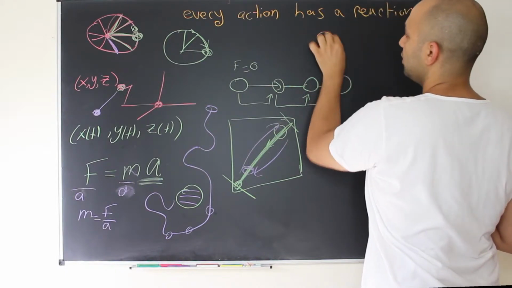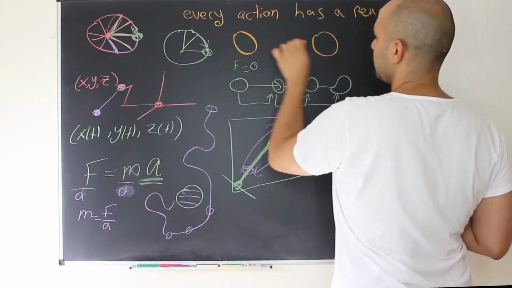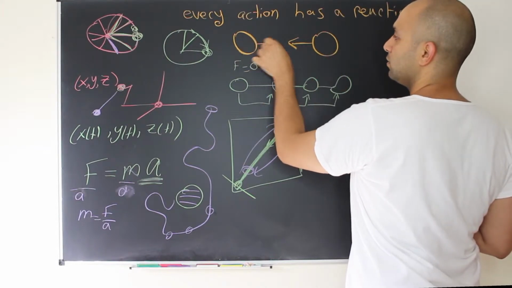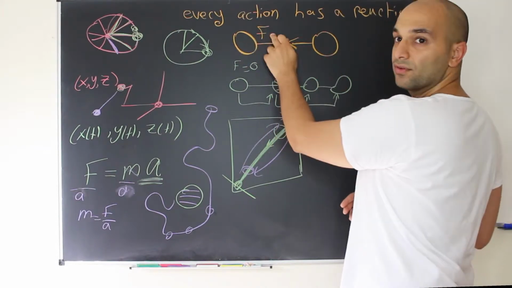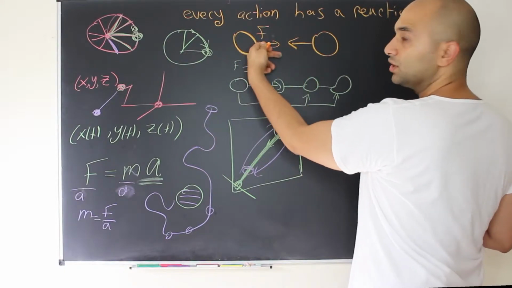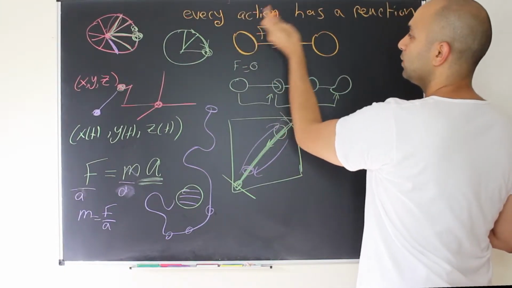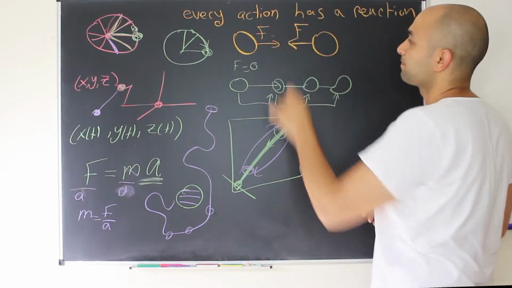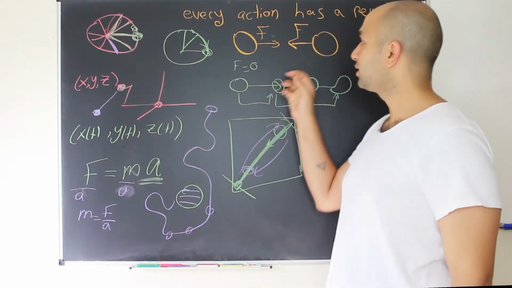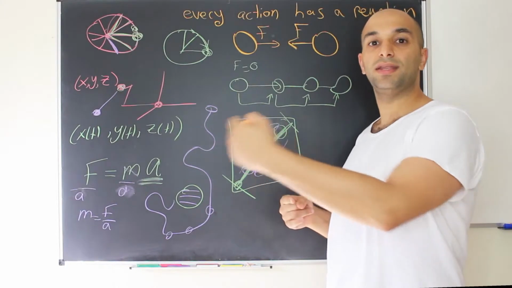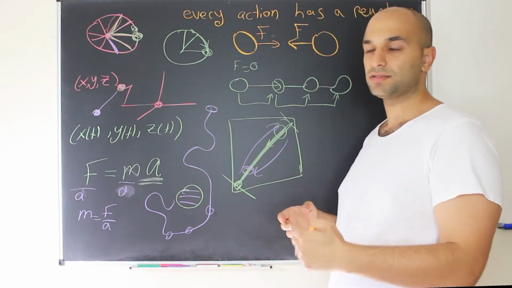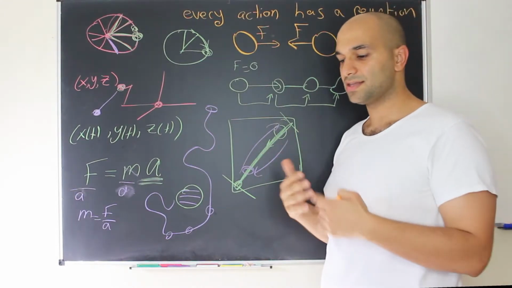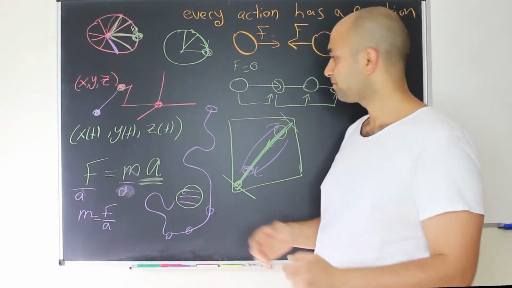But basically the picture is like this. This particle acts on that one with a force F in this direction. That particle will act on this one reciprocally with the same force. Okay, so here's another assumption that you can use to get at when something is heavy and when something is not. So this law could be thought of as a definition of what a mass is.